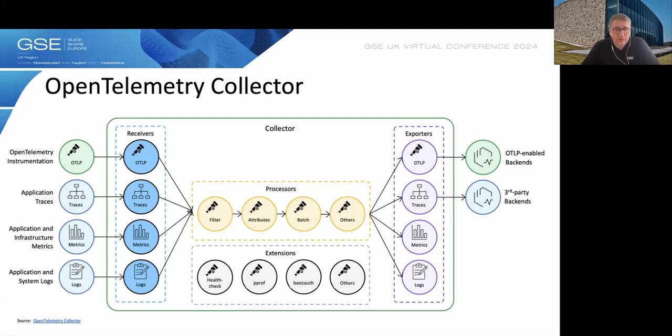These receivers would be capable of receiving those different types of signals. And then once you have those signals being received, there's the option to run processors. Processors enable you to transform the data, but also to clean the data, to add attributes, essentially to modify your telemetry data in various ways, depending on the processor type that you use, so that you can then export it towards a backend.